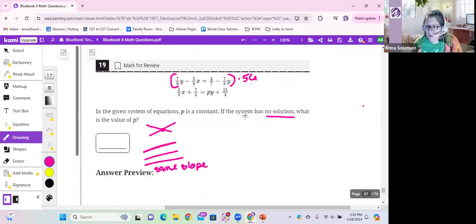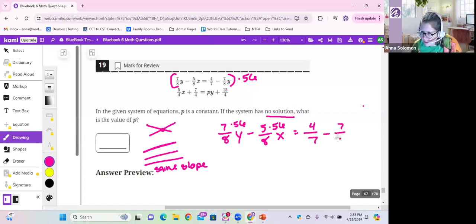Okay, so how should I write this? We'll do 7 over 8 times 56 minus 5 over 8 times 56 x equals 4 over 7 minus 7 over 8 y.